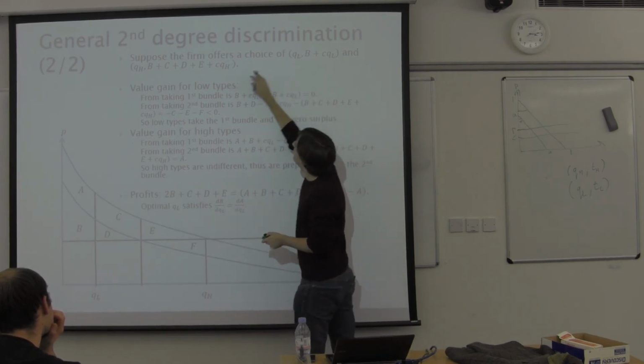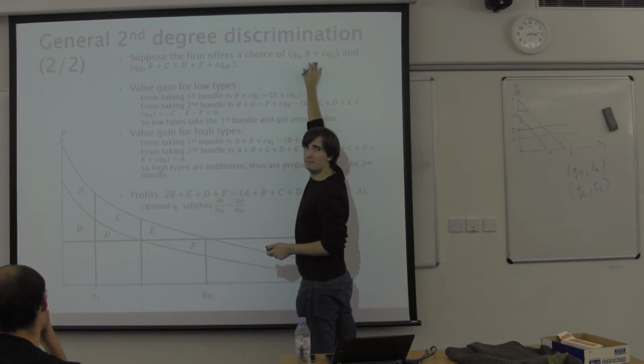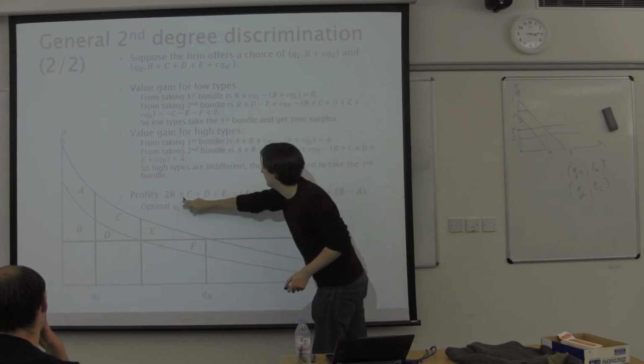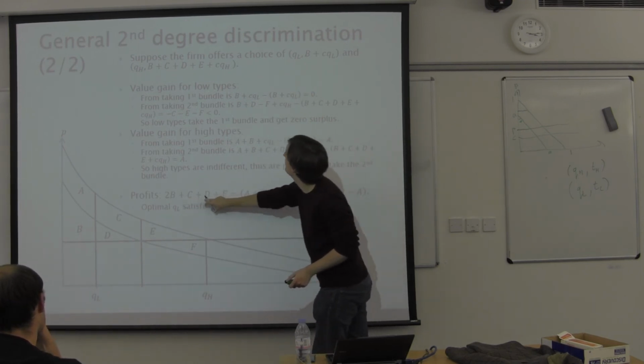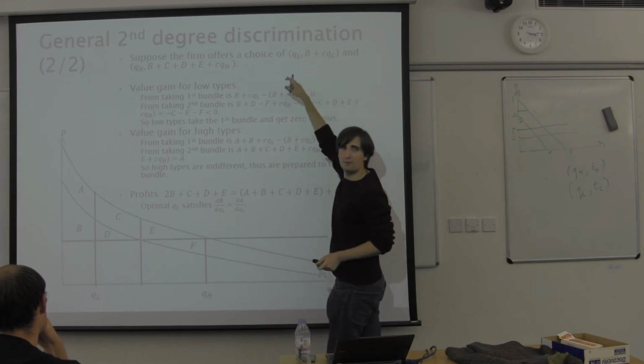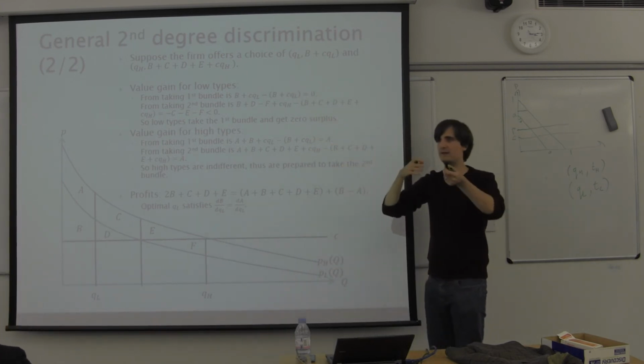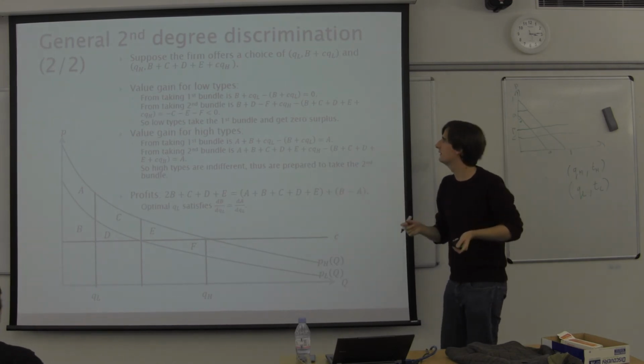If we add up the payment from the low type and the payment from the high type, we get this expression I've written down here. And we subtract off the cost of production. Firm profits are the payments minus the cost of production, right?